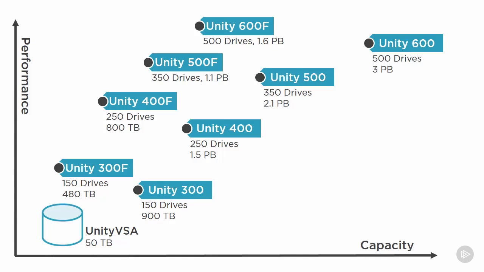The Unity 300, however, can be turned into a Unity 300F essentially, but the cost is going to be quite substantial compared to buying the all-flash array to begin with. So it has a higher capacity because you're able to utilize additional disks, SAS and nearline SAS disks, which generally are larger in size at this point in time.